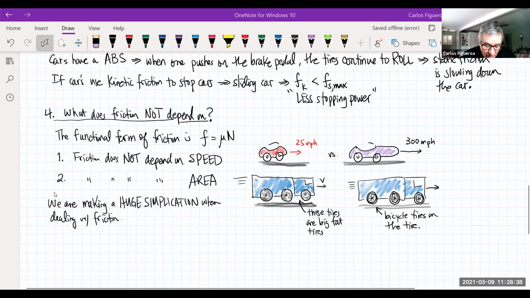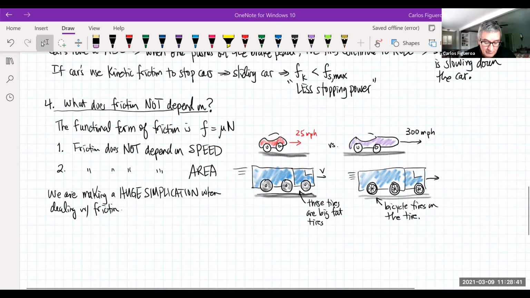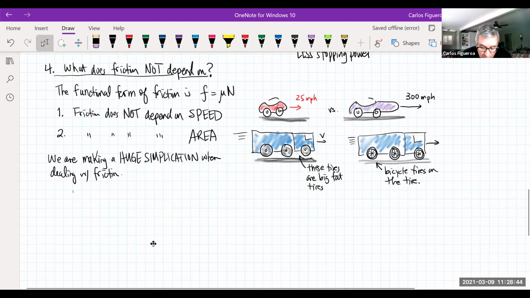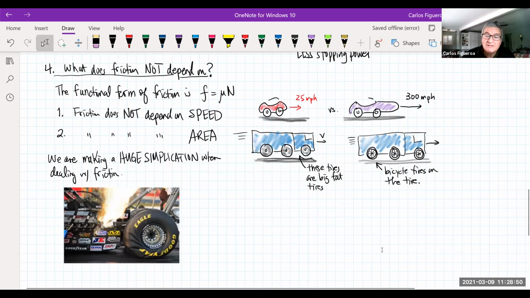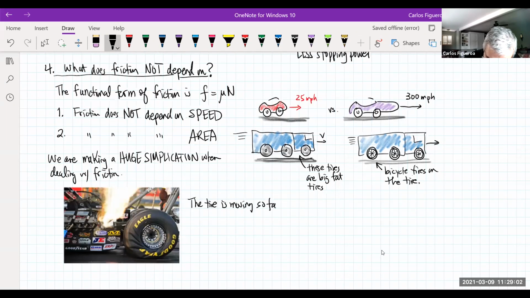So here's an image of a car. Look at this tire here. This tire is moving so fast that it deforms and generates enormous amounts of heat.